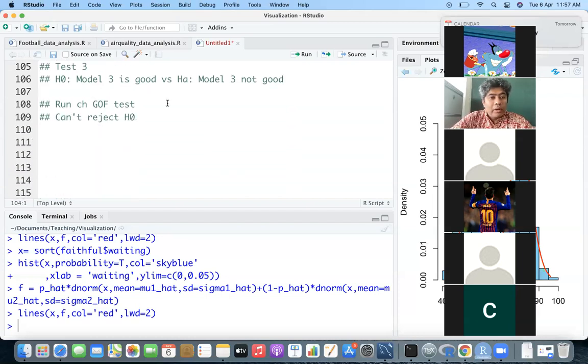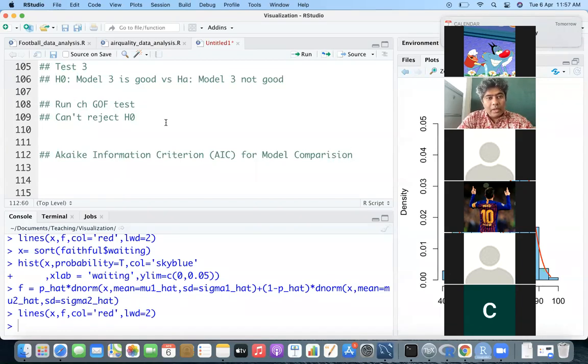Now, in order to solve this problem, there is a solution called Akaike information criterion, AIC, for model comparison.